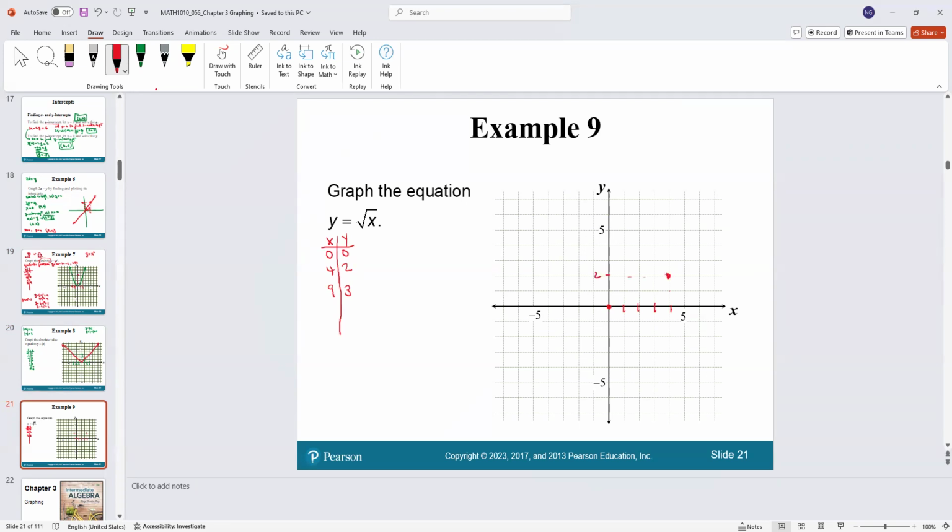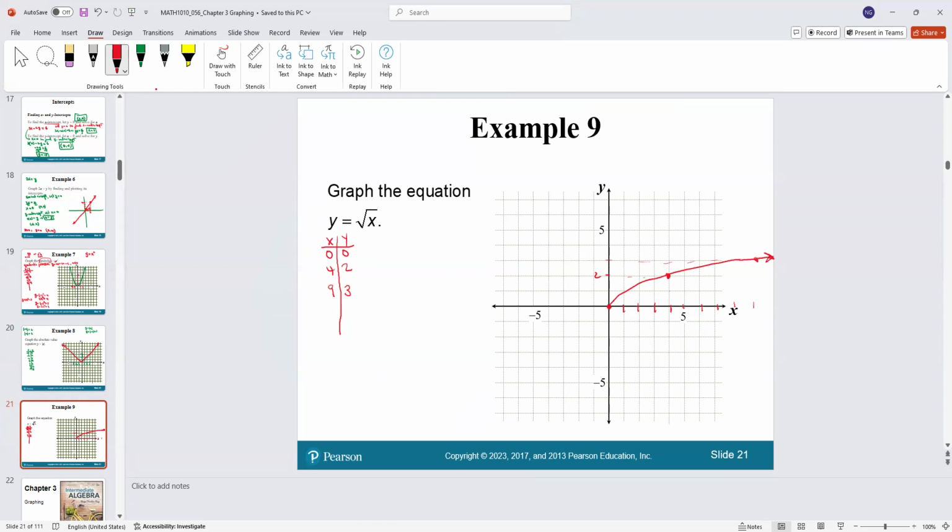And when x is 5, 6, 7, 8, and 9, y would definitely be 3. So you see this is the shape we're going to have for our graph. And we call this one a square root function.